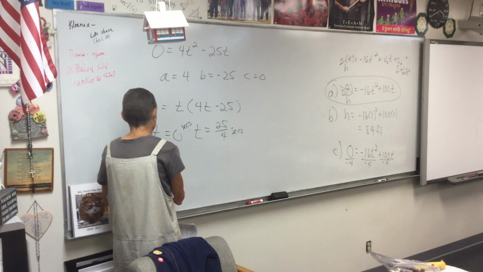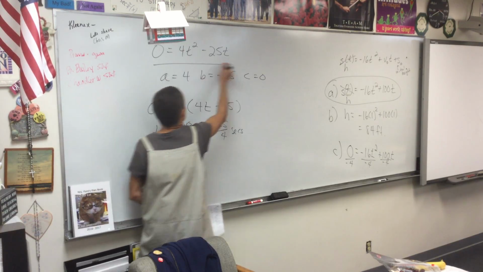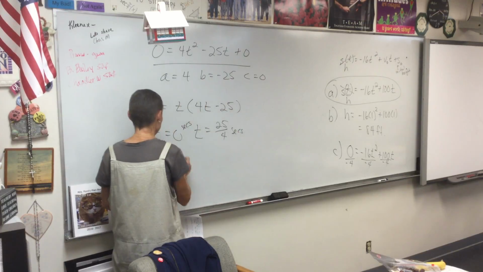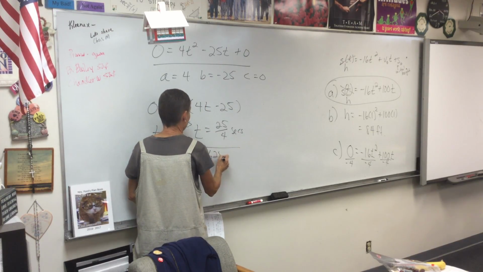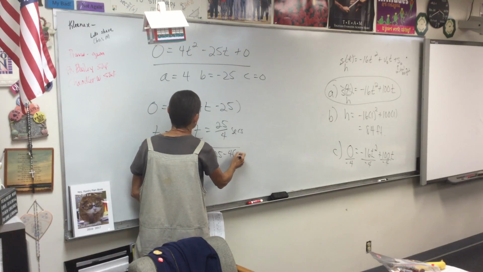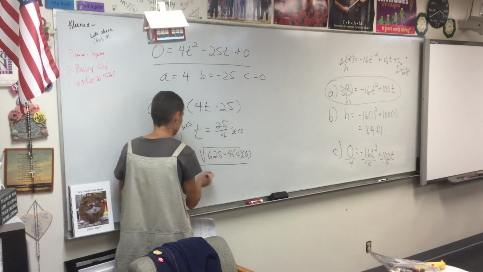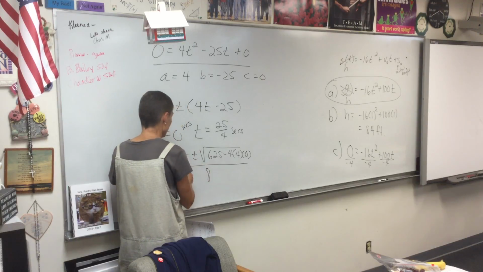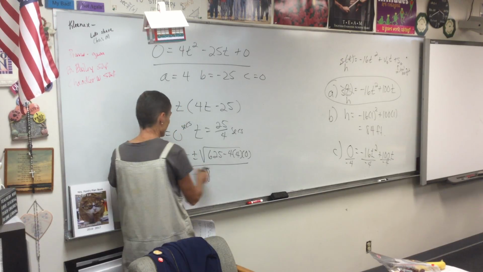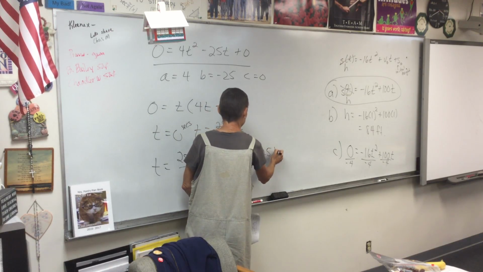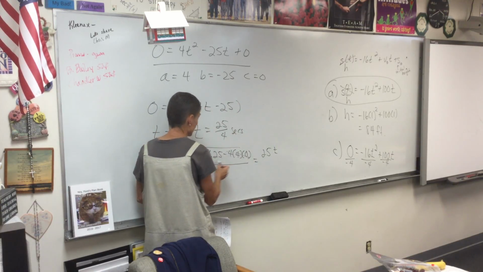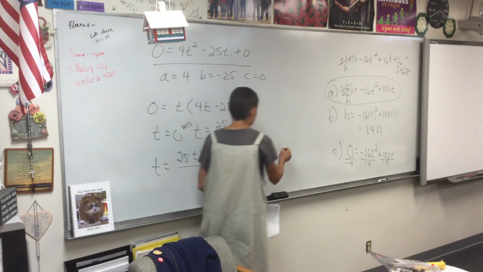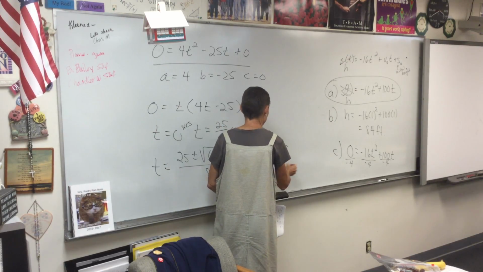Okay. So x would be negative b plus or minus the square root of b squared minus 4ac, all over 2a. So we get 25 plus or minus, okay, this is just going to be 0, so that's going to say 625, so that's 25 over 8.